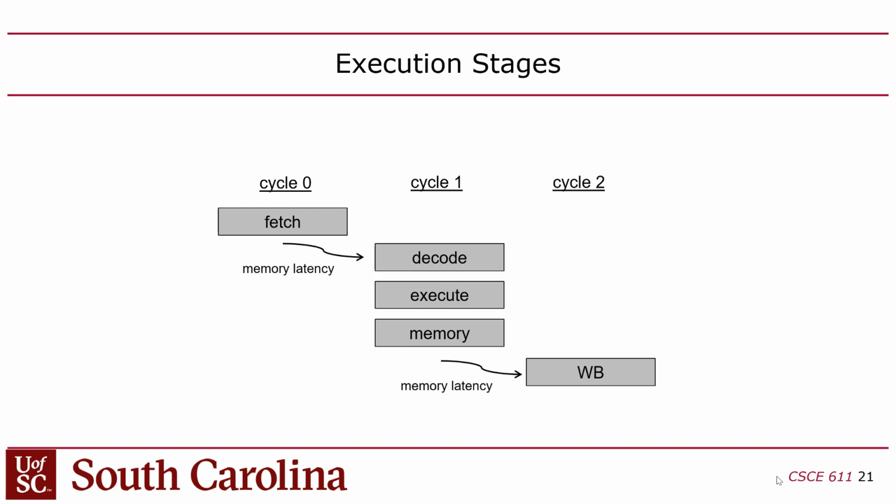But we still want to put write back in a separate stage, right? In order to do that, we're going to have to put in our own pipeline registers. Whatever comes out of the ALU is going to have to be captured in a register so we can move it to the next stage.